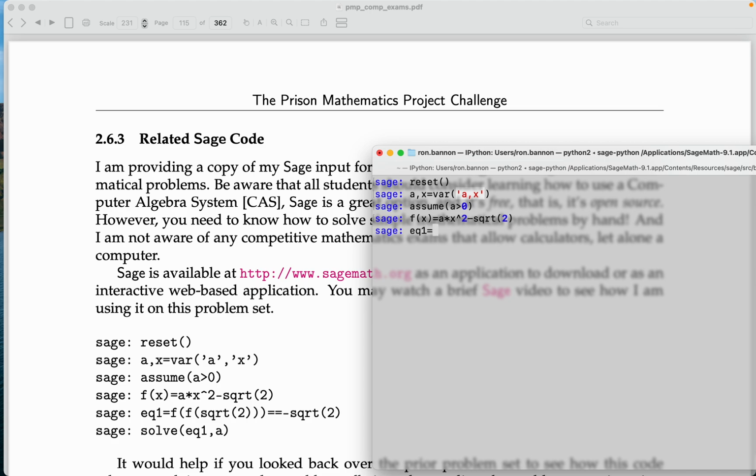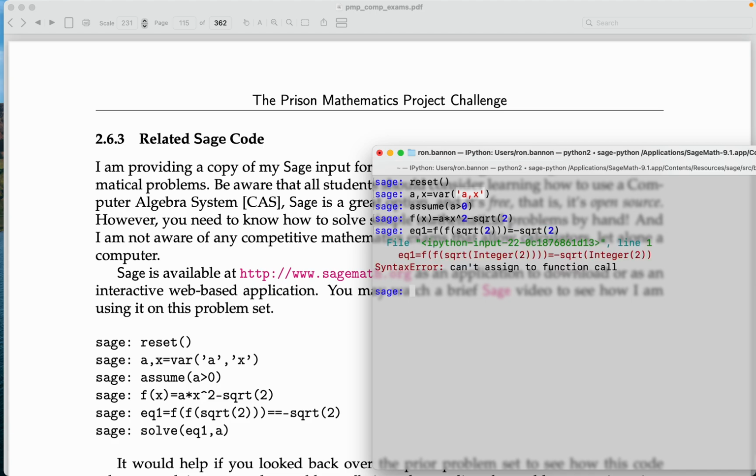And this looks strange to me. This says f, this is a composition, by the way, of f of square root sqrt of 2. And again, we'll go back over the notes to show you where this is, equals minus the square root of 2.